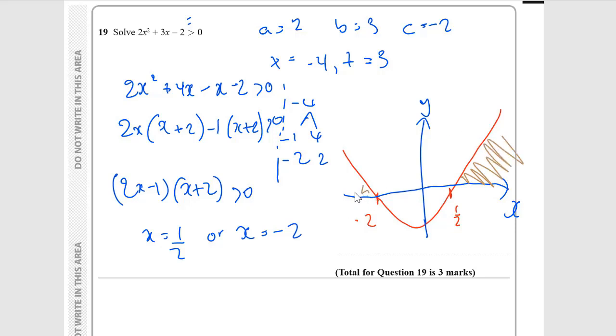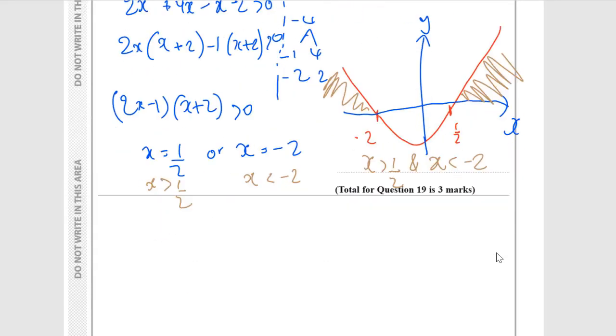So y is greater than 0 here and here, when x is less than minus 2, or when x is greater than a half. So x greater than a half, x less than minus 2.